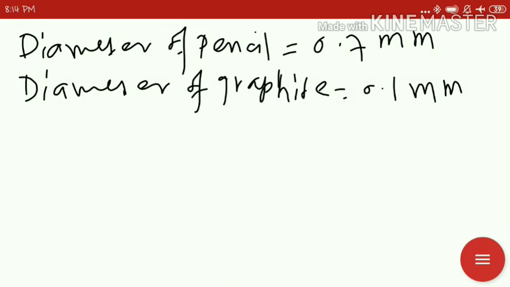In the problem, the diameter of the pencil is given as 0.7 cm, the diameter of the graphite as 0.1 cm, and the height, that means the length of the pencil, is the common length of both the cylinders made by the wood and the graphite. That length equals 14 centimeter.